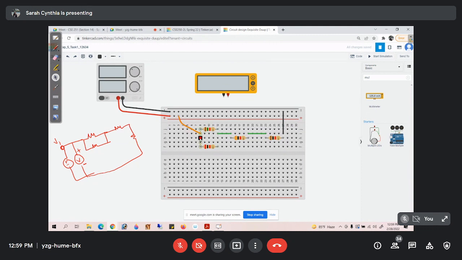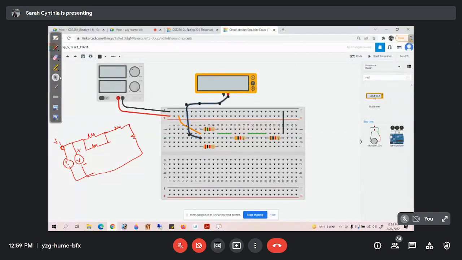Very good. This voltmeter, as you can see, is placed on the same node where the parallel connection begins, right? So we will be placing the positive terminal of the multimeter to this. Sorry for being so messy with wires.